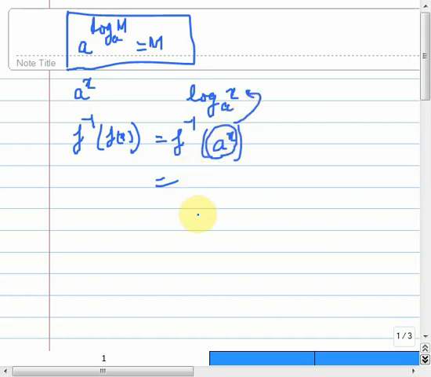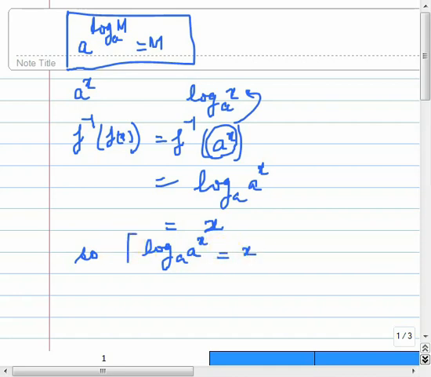This will be log a to the power x to the base a. As per the definition of inverse function, this is equal to x. So log a to the power x to the base a is equal to x. This gives the proof of our second property of logarithmic functions.